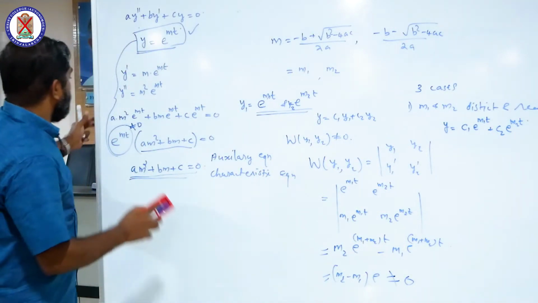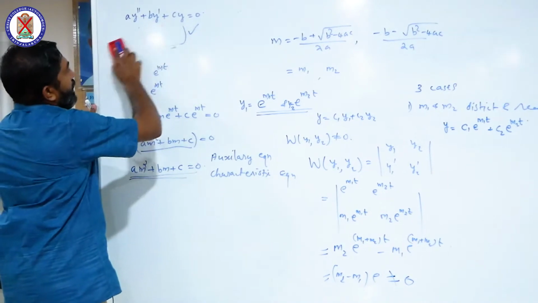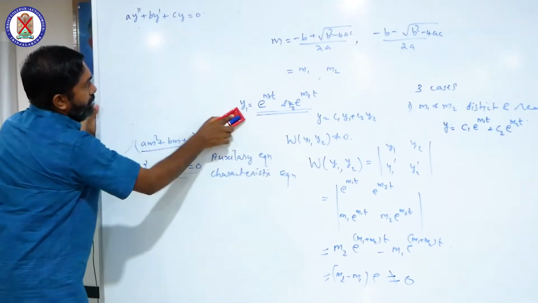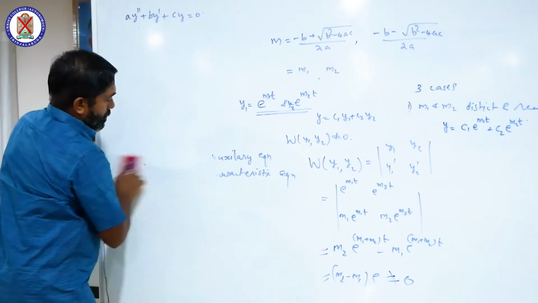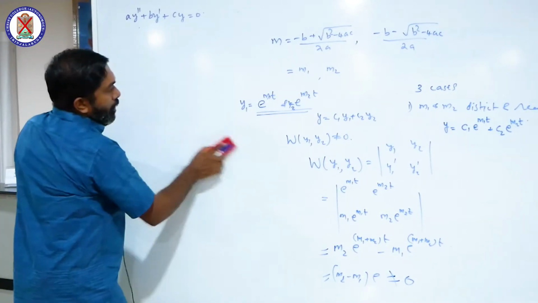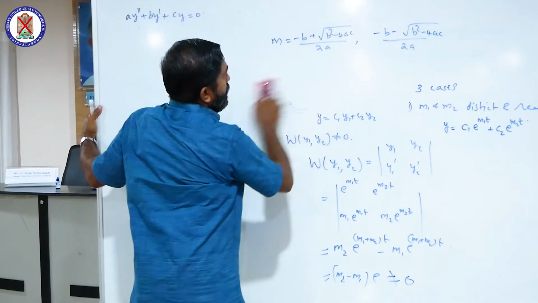Now I am considering the second case. In that case, m1 and m2 can be equal. That is possible when b square minus 4ac equal to 0.